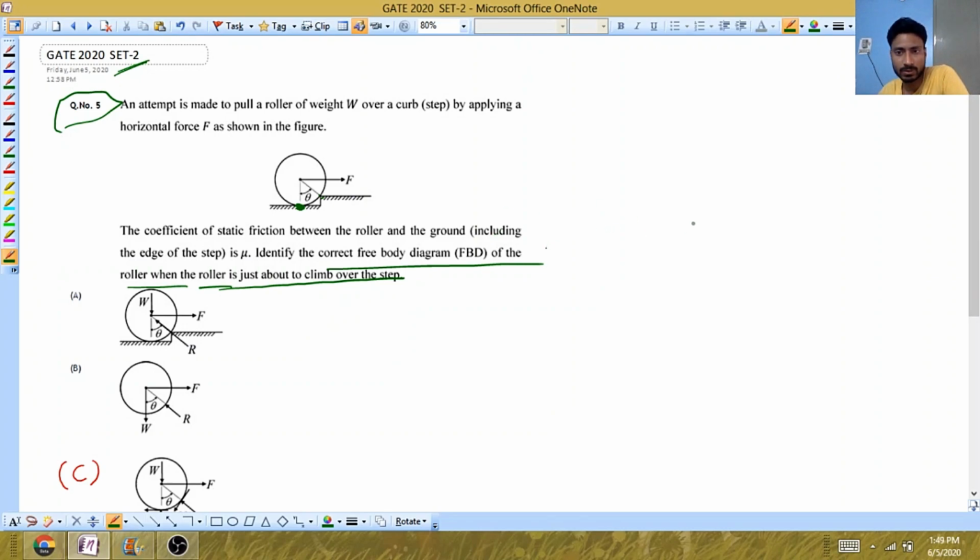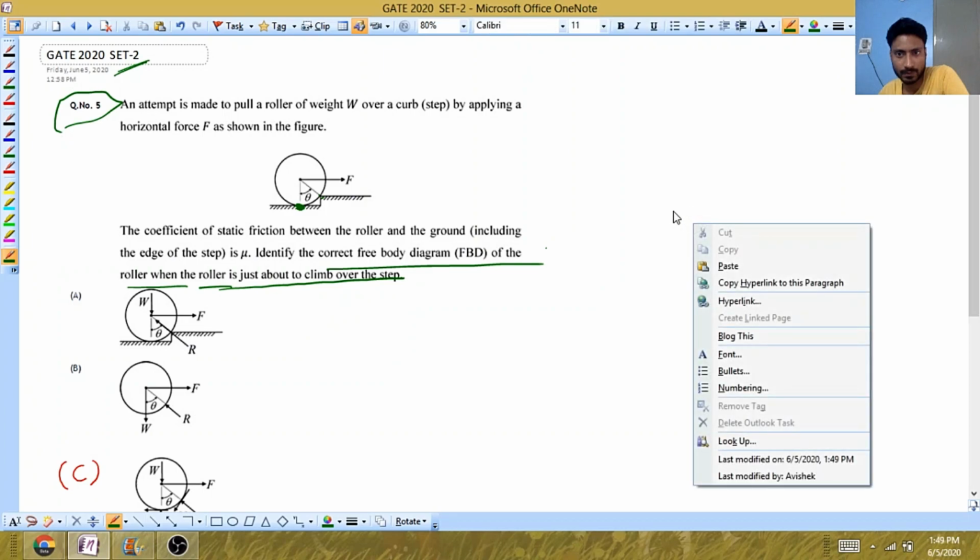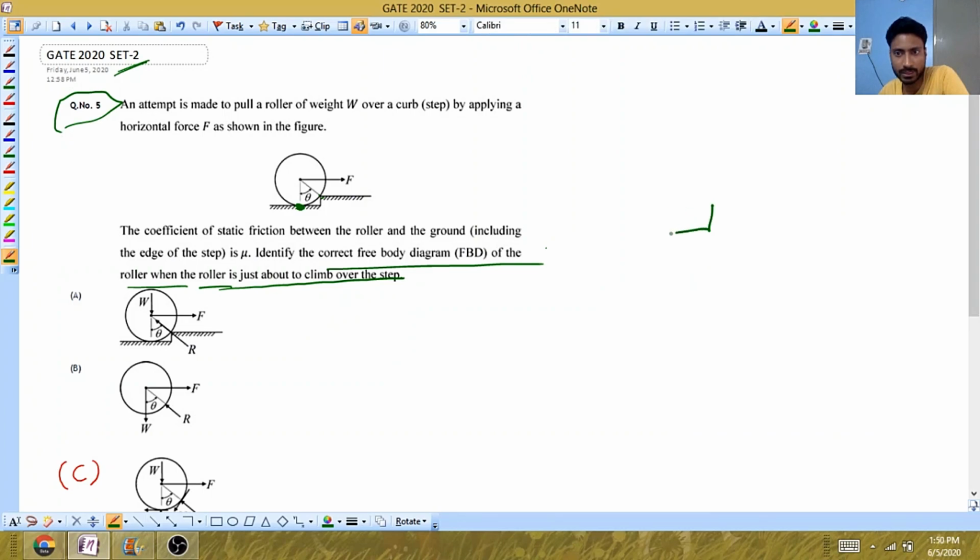So basically we need to draw the FBD when this ball, or what they have described as a spherical object, is at this position.